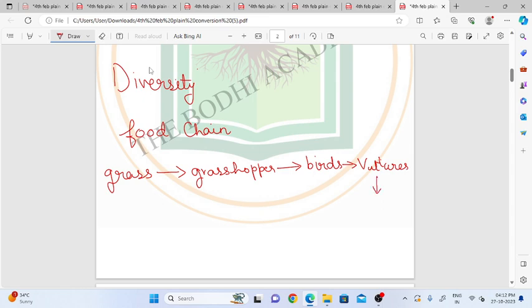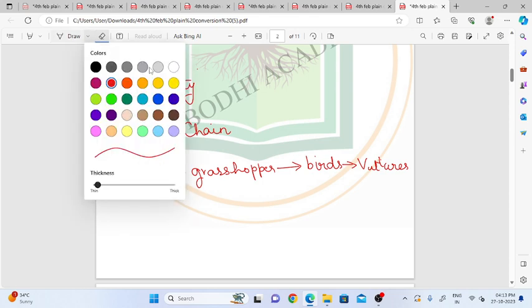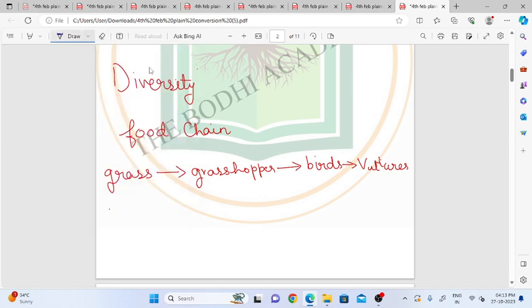Another common food chain is leaves, on which deer or other herbivorous animals feed, and these will be eaten by carnivores such as lion, tiger. So this food chain is very important in our ecosystem.